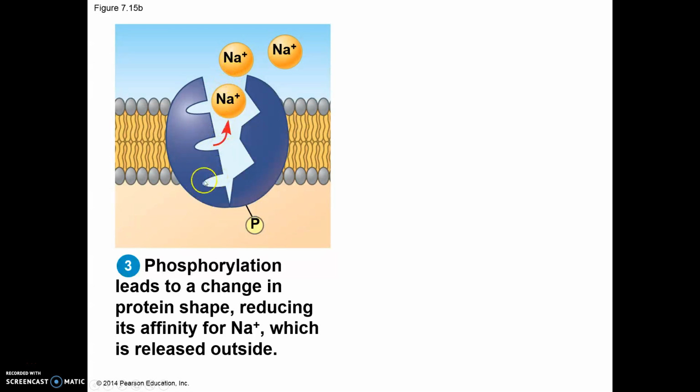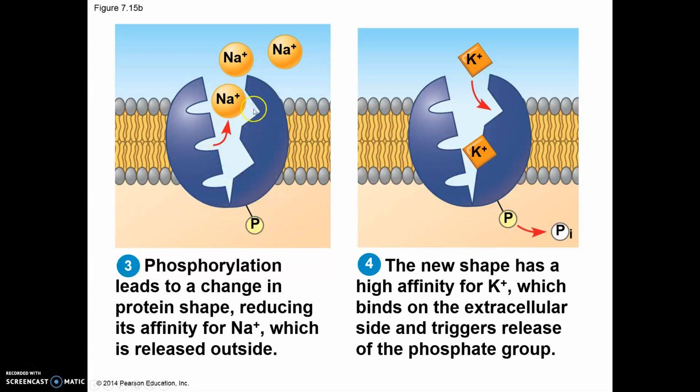At the same time, we've changed the shape of these other binding sites, which are actually for potassium. These are now high affinity potassium binding sites. So potassium will come in and bind because there's something holding it in place.